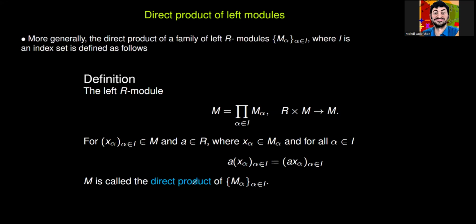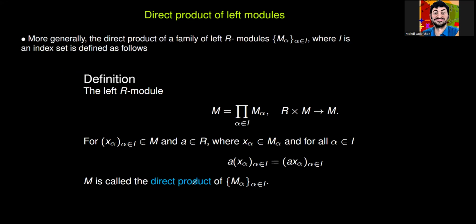Of course, x_alpha belongs to M_alpha for every alpha in I, so it is component-wise scalar multiplication: each component of M_alpha is multiplied by a. This satisfies all conditions of a left R module. Therefore, M is an R module known as the direct product of the family of left R modules M_alpha.